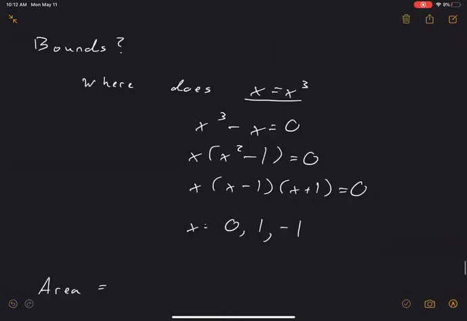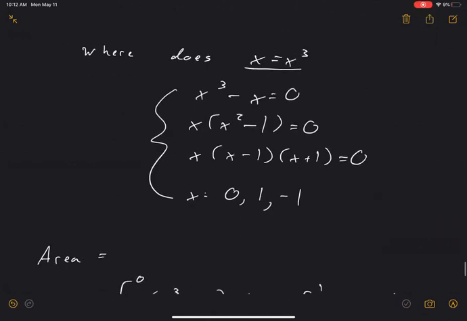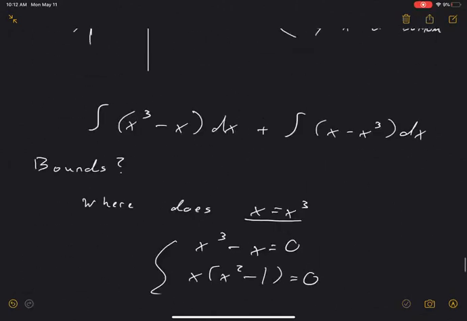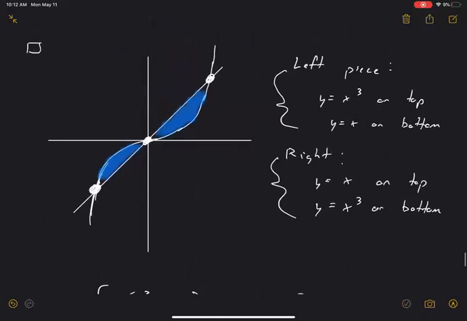So again, back to finding our bounds. We set x equal to x cubed. We move everything over to one side of the equation, and we factor that polynomial to get the roots 0, +1, -1. So going back up to this picture, I can fill those in.